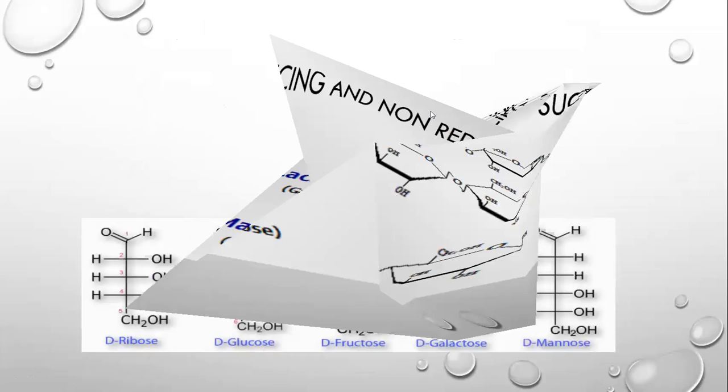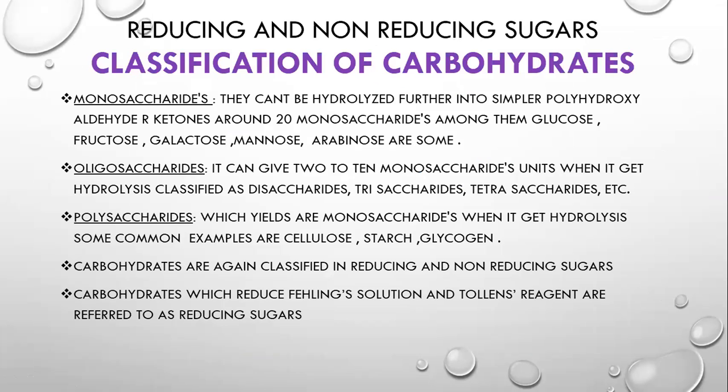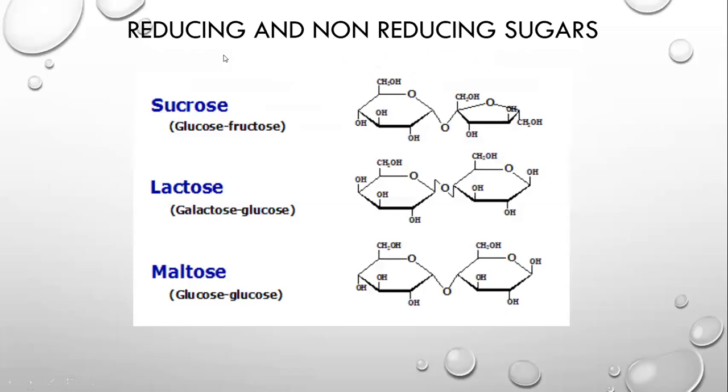The carbon you are seeing here is attached to four different groups. See, here it's O, here C, one more side it's H, and one more is the O bonding, that is the glycosidic bond.